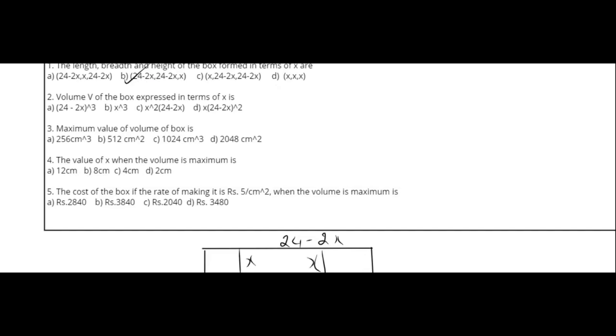Subdivision 2. Volume V of the box expressed in terms of x is given by: A, 24 minus 2x the whole cube; B, x cubed; C, x squared into 24 minus 2x; D, x into 24 minus 2x the whole squared. Now we know the volume of a cuboid. Now this resulting figure is going to be a cuboid.